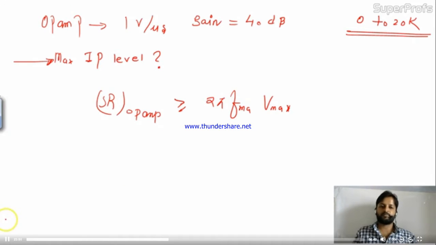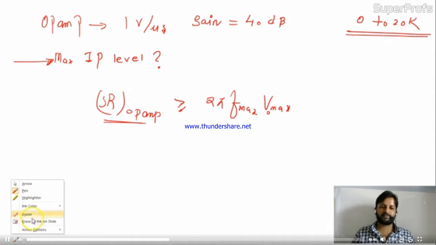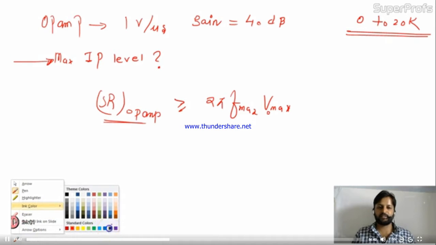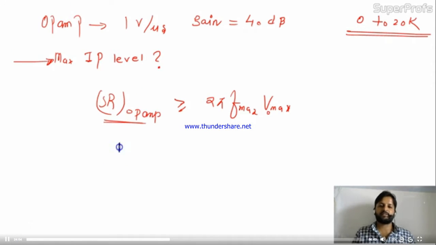Now, this is V0 max, right? The slew rate is given in the question, and the given value is 1 volt per microsecond. Okay, perfectly fine. 2 pi. They have given the f max also, 0 to 20k, so it's 20k.